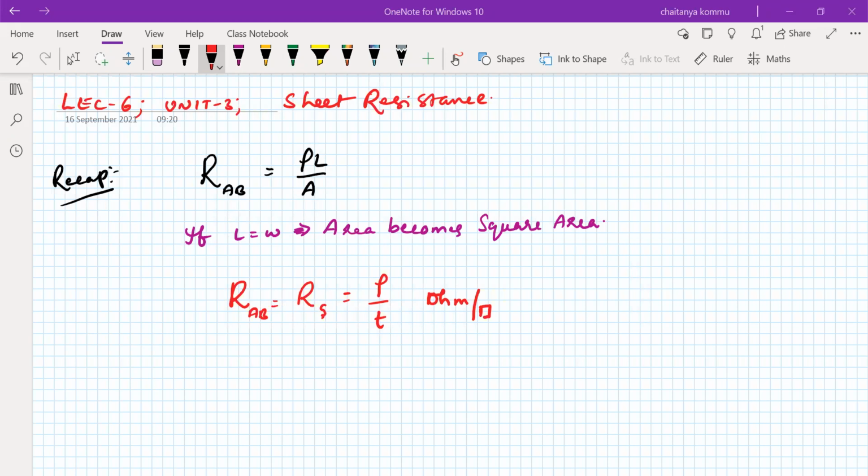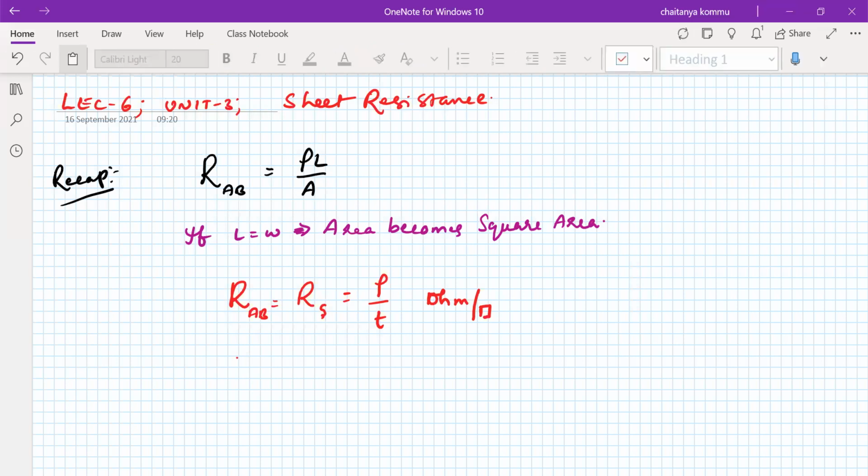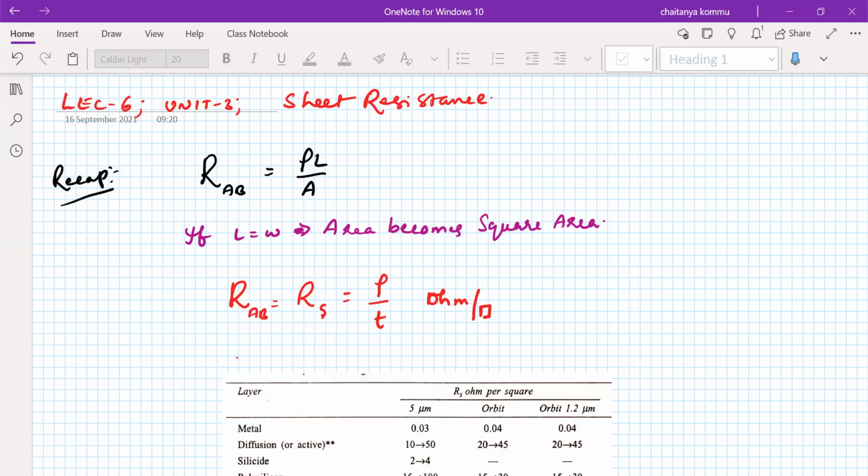If we take the different layers, the essential layers that we have seen, these values are shown in this way.